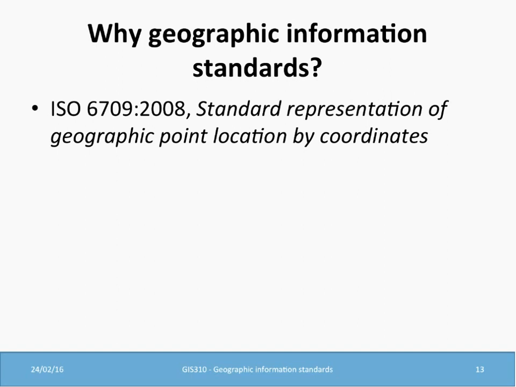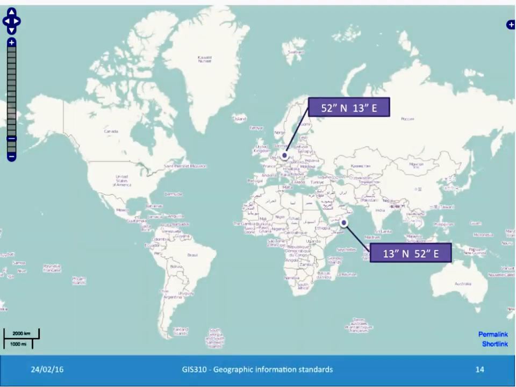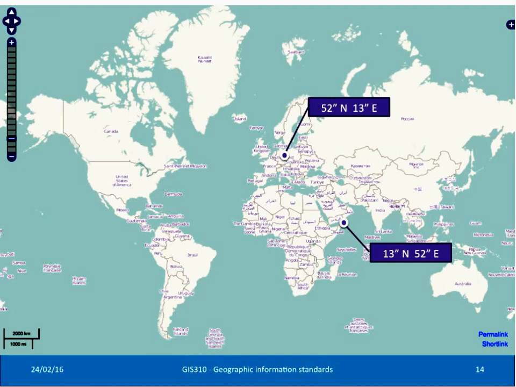So why geographic standards? These are just two examples. The first one is about the standard representation of geographic points using coordinates. If you have a lat and a long, and you were to swap them around, you would end up in a different location. So am I somewhere in the Middle East, or am I actually in Germany?